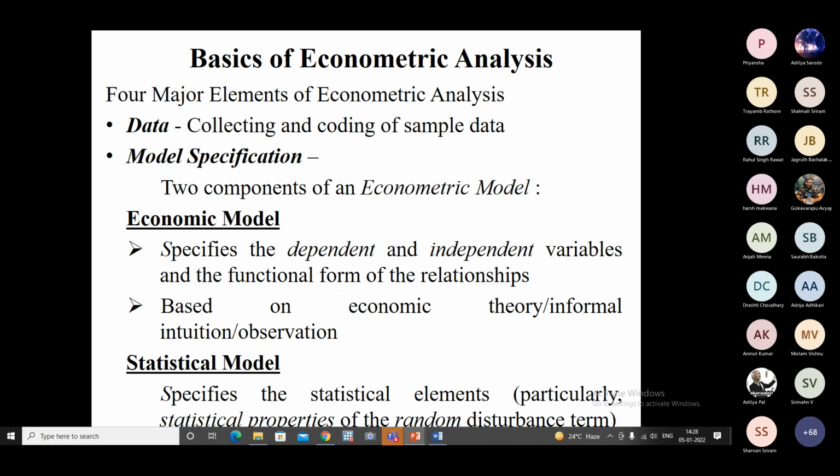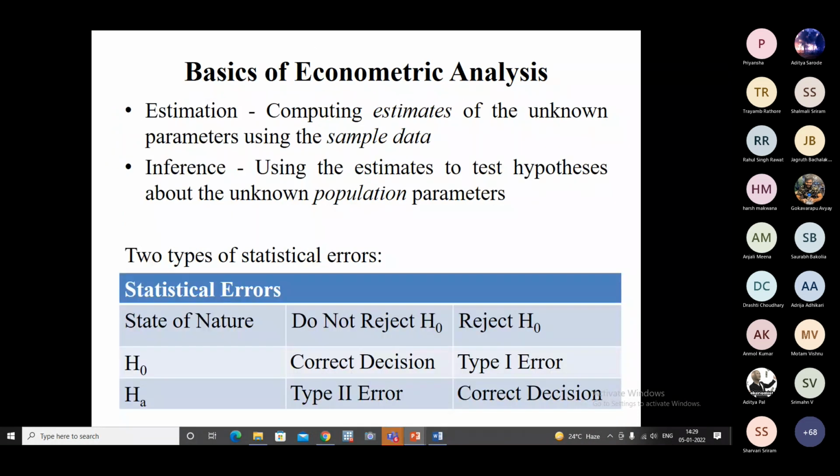And with economic model, another very important aspect, particularly in this regard, it's very, very important to know what would be the set of independent variables and what may be the most appropriate form of the dependent variable. And then we'll convert this model into a statistical model by bringing in the random disturbance term that we have already discussed in yesterday's class.